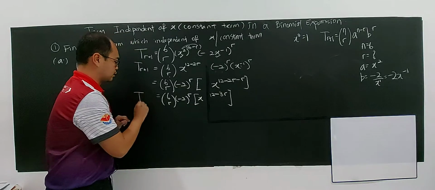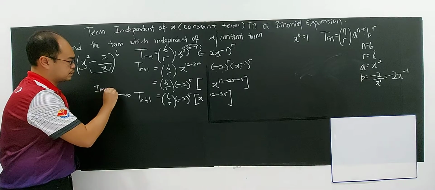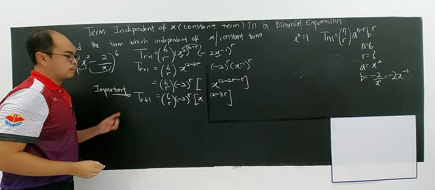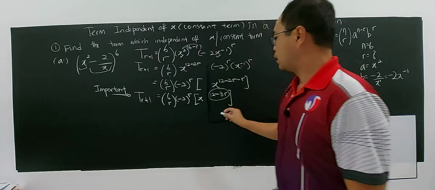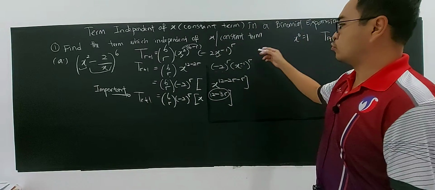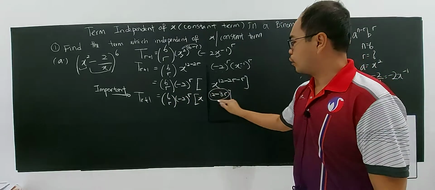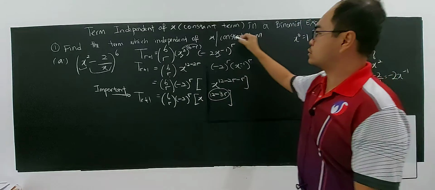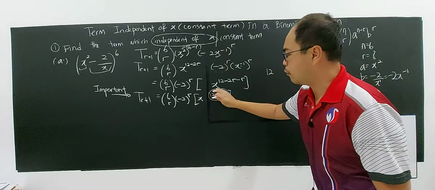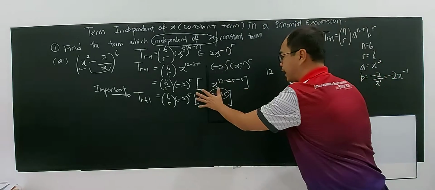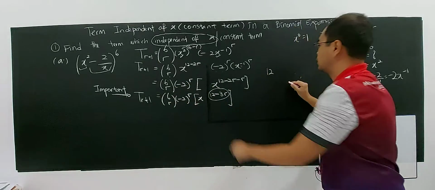This is the most important part. You have to get this formula. Because if you want the x to the power of 2, the coefficient, you would equate this to 2. But now you want this to be 0. Why 0? Because of the words independent of x. So the power of x has to be 0, so that x to the power of 0 becomes 1, and you only have the constant.